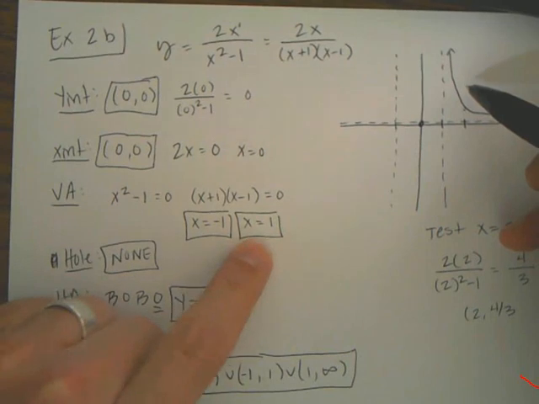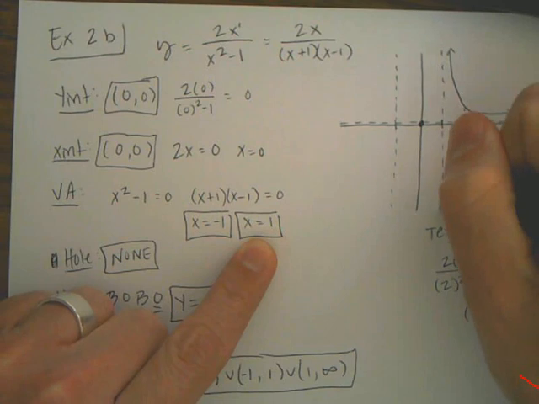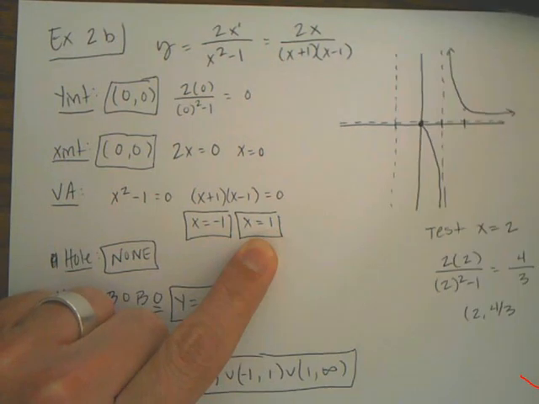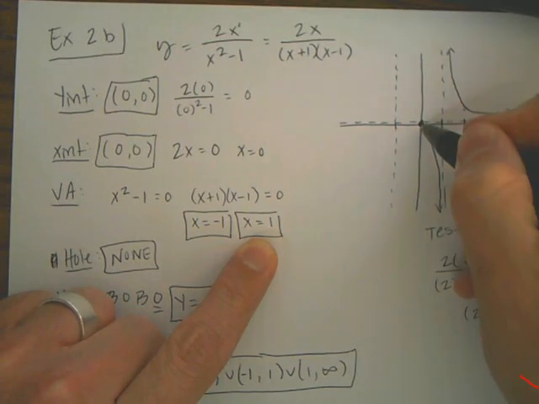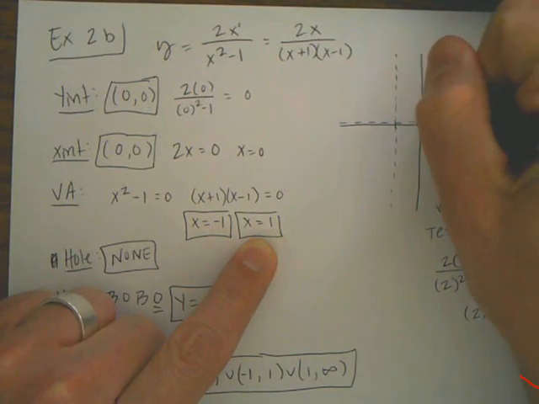Because the multiplicity of this x-intercept, or sorry, asymptote is 1, these lines have to be the opposite. Okay? So notice this line's going up, this one has to go down on the other side. But we know that it crosses the x-axis here, and it can't be on the same side here, so it has to go over here.